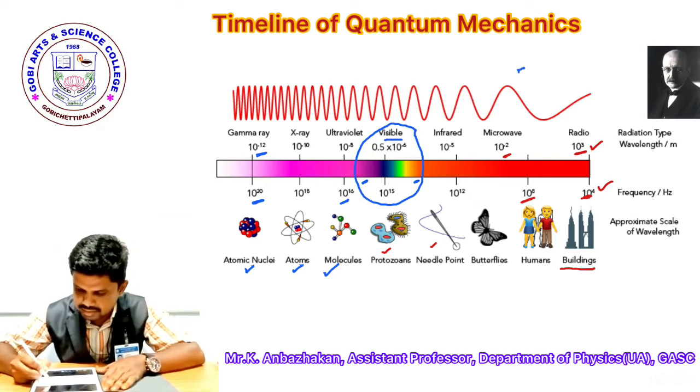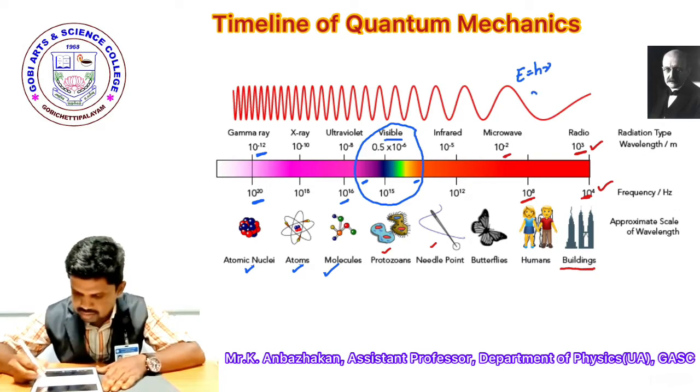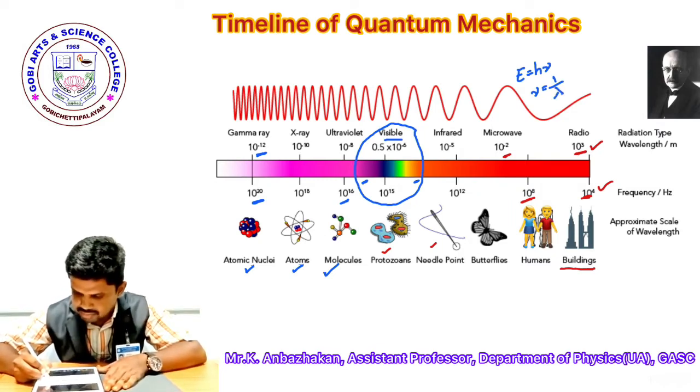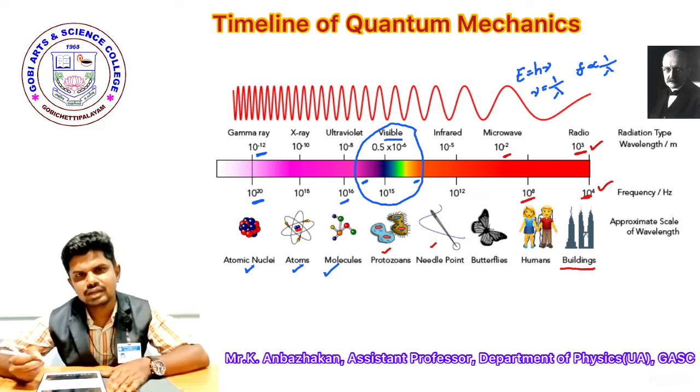This can be given as E equal to h nu, or otherwise nu proportional to 1 by lambda. That is, frequency is inversely proportional to wavelength. Whenever the wavelength increases, the frequency decreases; whenever the frequency increases, the wavelength decreases.